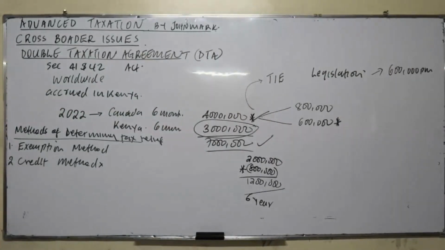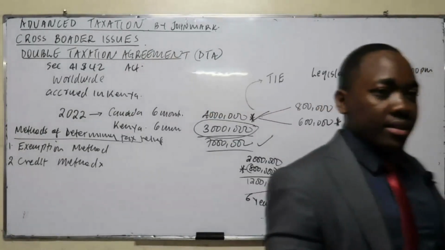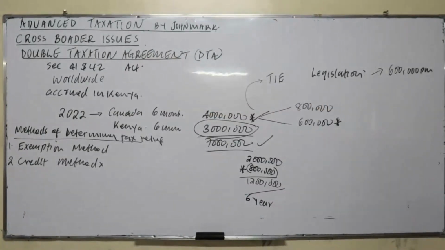What about exports? Exports are zero rated. Why? Because the other country will tax them at the point of entry. So assuming you are exporting something and you are taxed in Kenya, then the other country also taxes it. What will happen? The price will shoot up, right? But if you have a DTA, that means at the point of origin it will not be taxed, and that will increase trade between the two countries.